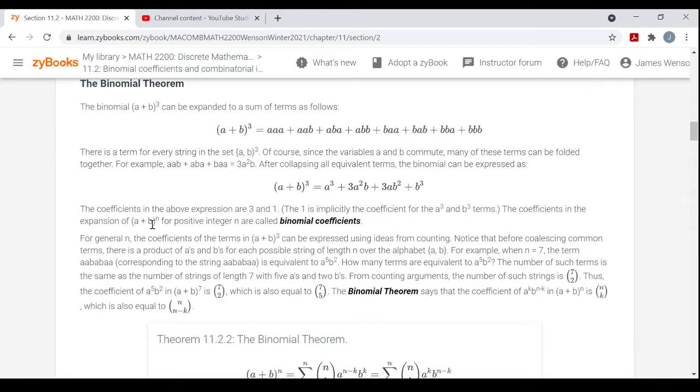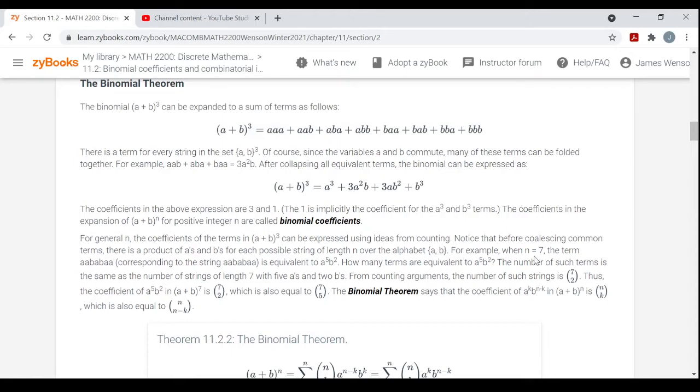For general powers n, right, raising a plus b to the nth power, the coefficients of the terms can be expressed using ideas from counting. Notice that before putting like terms together, coalescing, there is a product of a's and b's for each possible string of length n over that alphabet a and b.